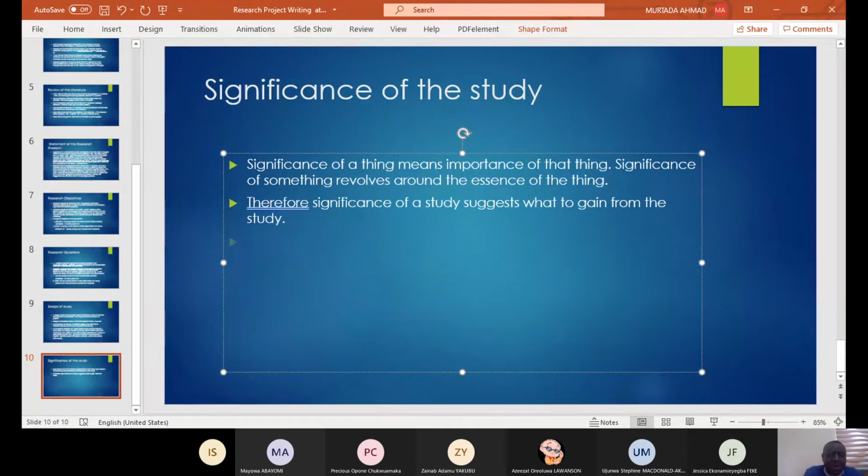So significance of study comes in two ways. Significance of a study is two-pronged. One is the benefit, the outcome.